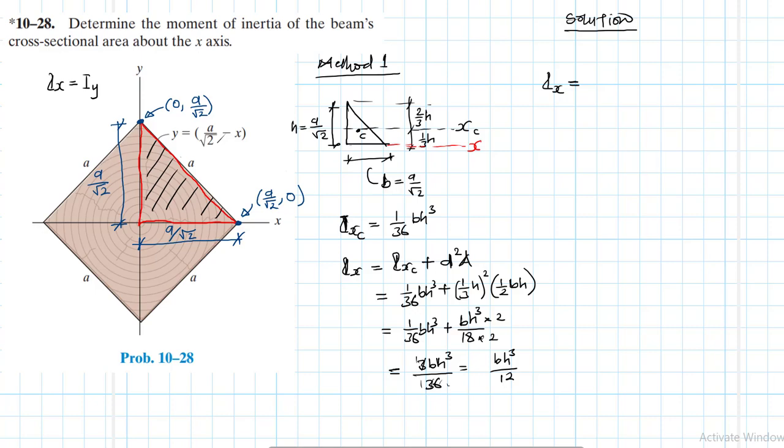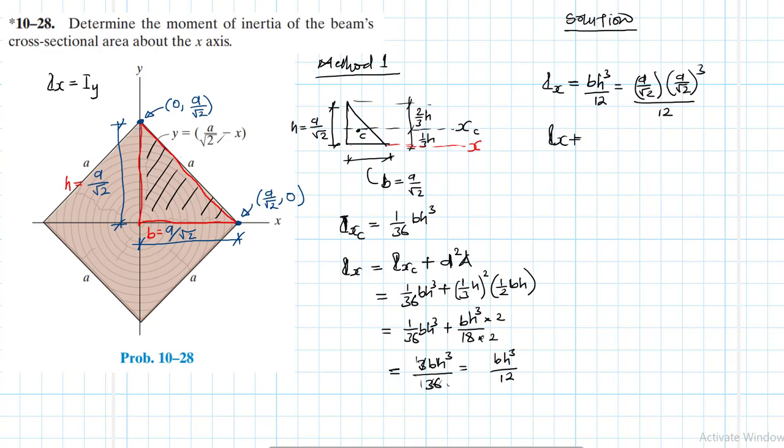So let's find the moment of inertia now about the x-axis. Since we know the expression, which is bh³ divided by 4, and we said our b in this case is equal to a over root 2, and our h is equal to a root 2. So bh³ divided by 4 is equal to a over root 2, times a root 2 to the power 3, then divided by 4.